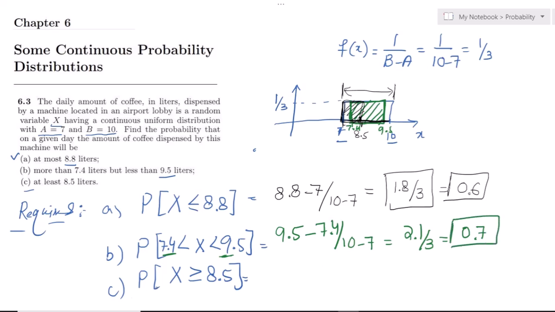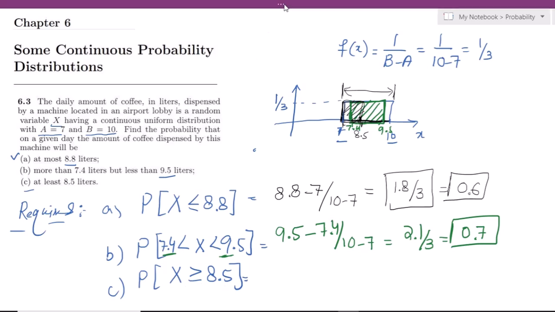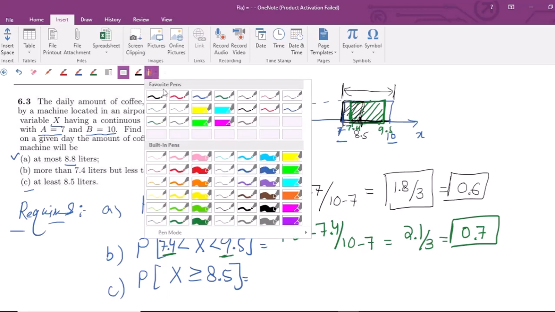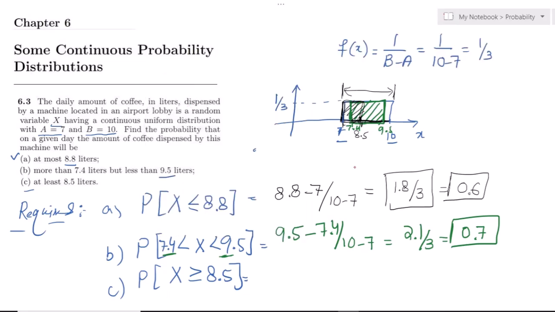In part C, we have to find the probability that x is greater or equal to 8.5. So let me use another color for it, this red color. Now 8.5 is given, so let me have here this 8.5, and it should be greater than this, so it is now here.